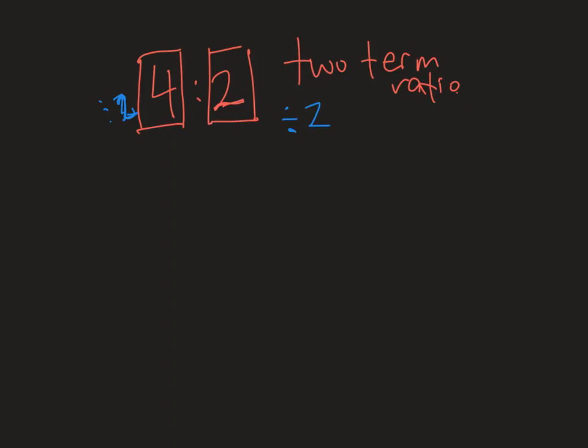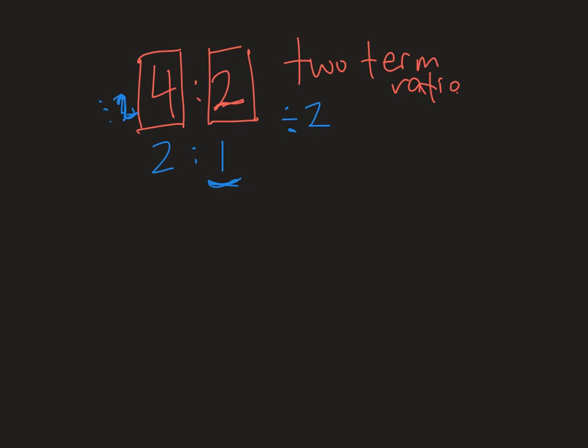So we're going to divide both sides by 2. So 4 divided by 2 is 2. 2 divided by 2 is 1. And I'm going to look at this and say, okay, I'm in lowest terms. Again, we could further divide by 2, and now we're going to get into decimals on one side. But again, for the sake of grade 8 stuff, let's just keep it mainly into whole numbers.